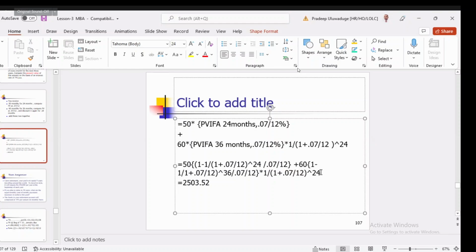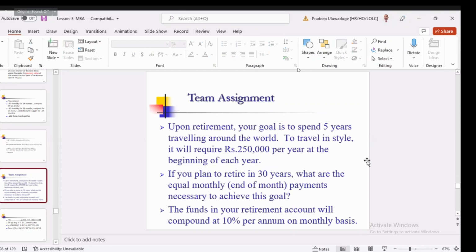Okay. So if that is clear, we can move on to the next one. Team assignment. Upon retirement, your goal is to spend 5 years traveling around the world. To travel in style, it will require 250,000 per year at the beginning of each year.